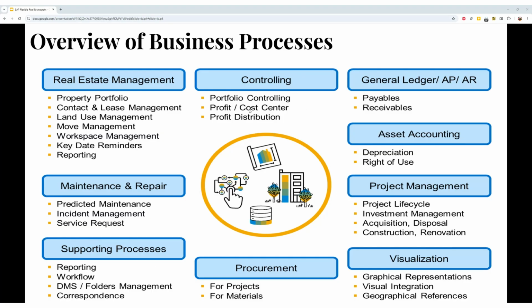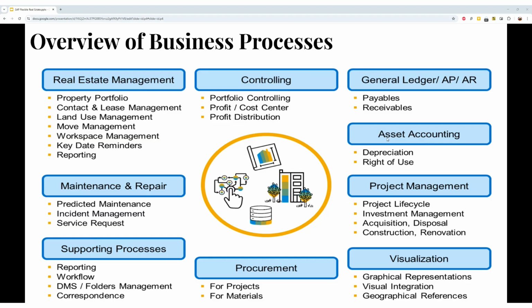So all the cost center and business area assignments are there in the master data of the REFX. So it is very tightly integrated with the SAP CO. It is integrated with the payables and receivables. So as you know, the leasing contracts are the payables, and the lease out contracts are essentially the receivables.